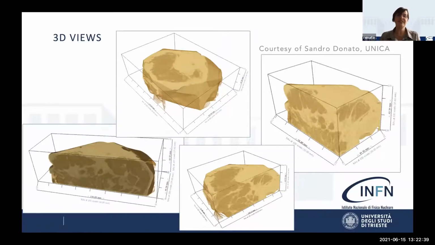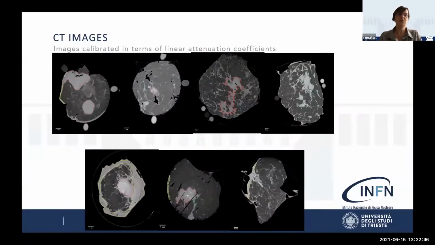Obviously, if you have a 3D data set, you can perform 3D views and obtain a lot of interesting information. And moreover, CT images can be calibrated in terms of linear attenuation coefficient.